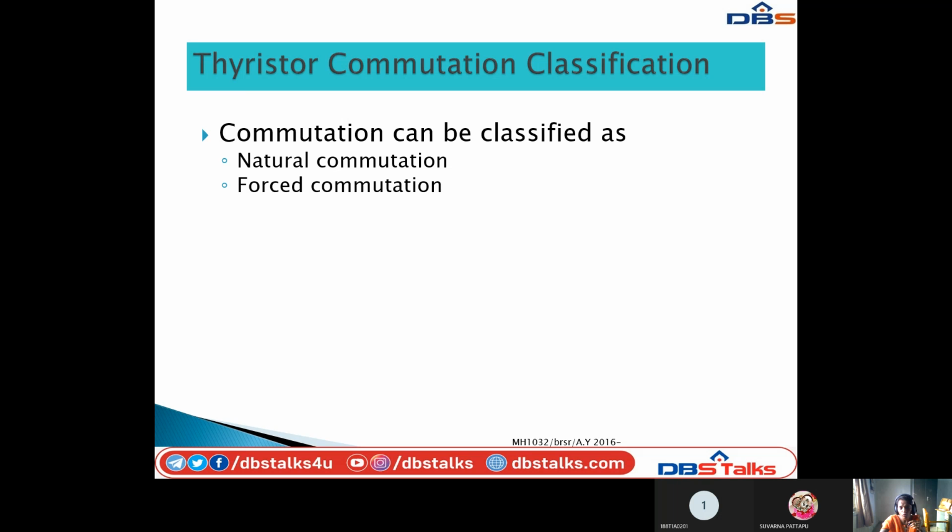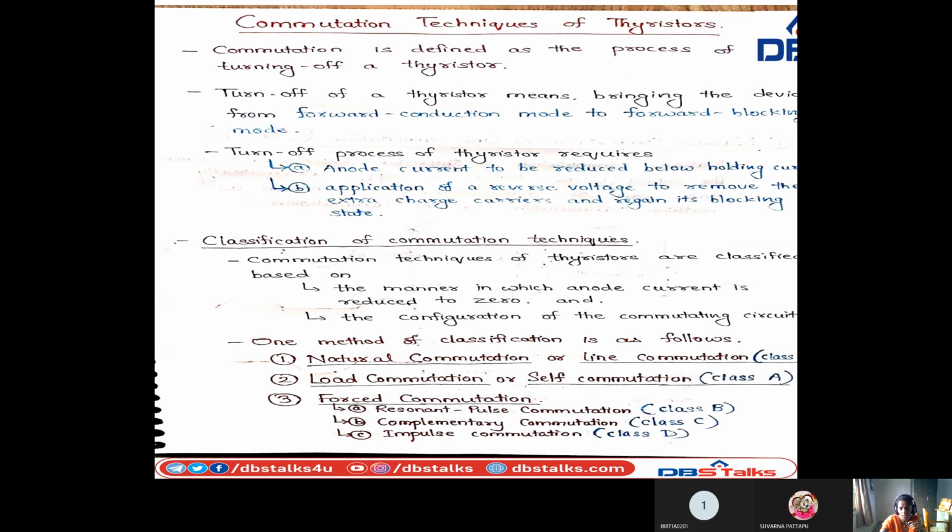Natural commutation is also called line commutation or class F commutation. Load commutation or self commutation is called class A commutation. Forced commutation techniques include resonant pulse commutation, complementary commutation, and impulse commutation.